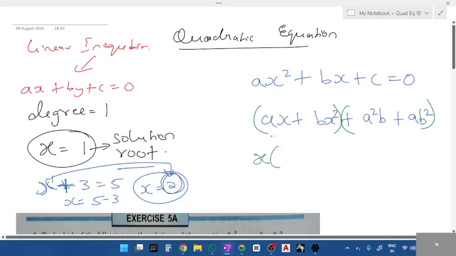What is the remainder? A plus B. In the second group, A plus B is common. In the bracket, A plus B.